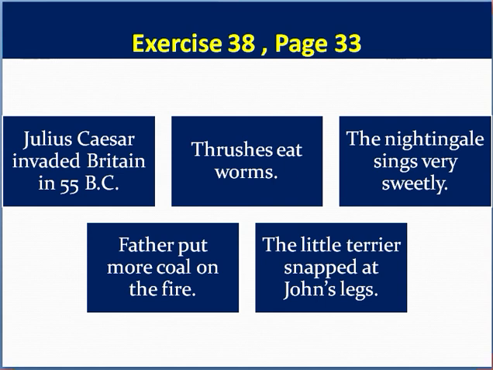The nightingale sings very sweetly. Father put more coal on the fire. The little terrier snapped at John's legs. Snap means to catch by jaw. Terrier is a kind of dog.